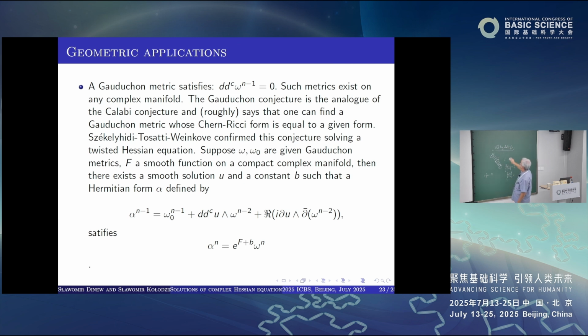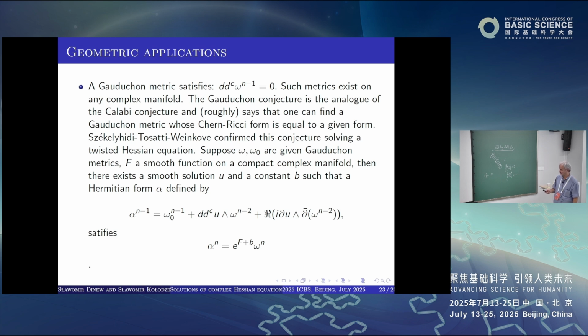This is the Chern-Ricci form, which in the Kähler case is Ricci, but in the non-Kähler case it is different from Ricci. So now, having this Chern-Ricci form, you want to find the Gauduchon metric which has this Chern-Ricci form.